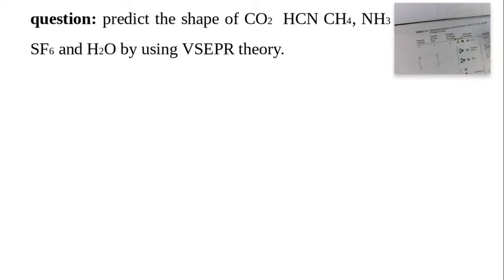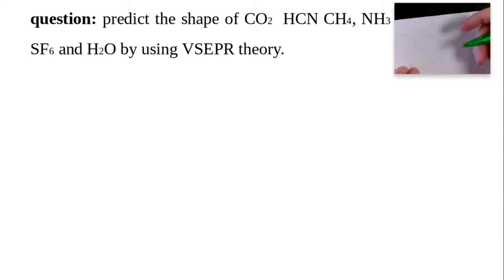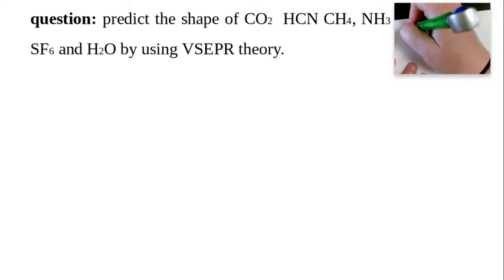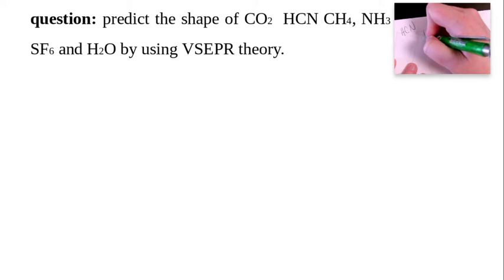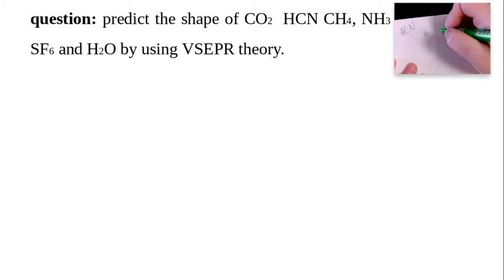Okay. The second one I'm going to cover is HCN. So I have my hydrogen, has 1 valence electron because it's in group 1. Carbon has 4 because it's in group 14. And nitrogen has 5 because it is in group 15.